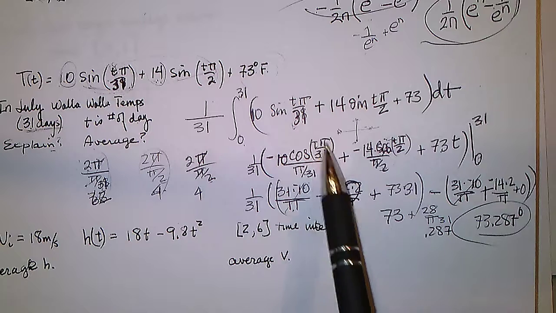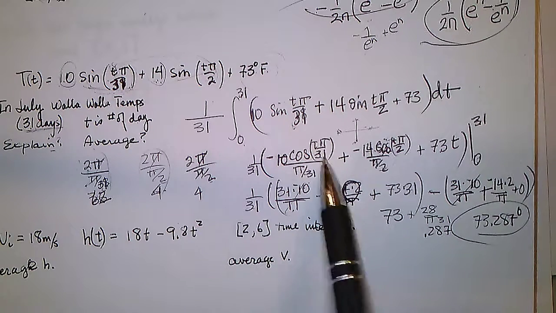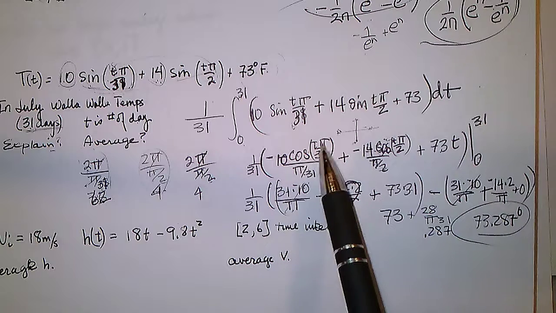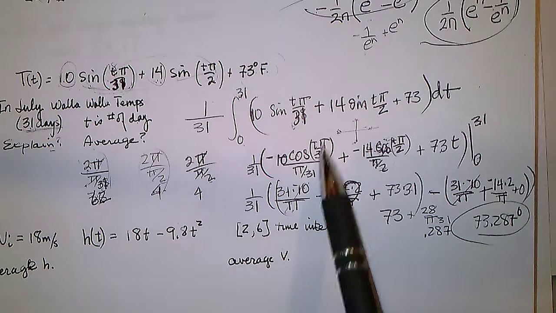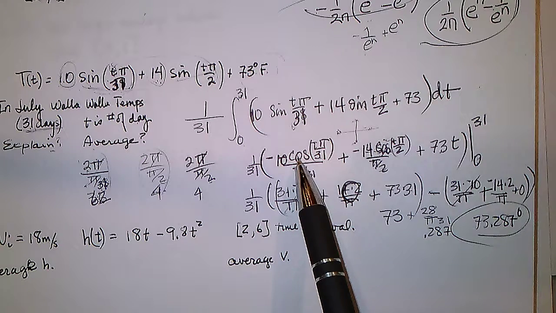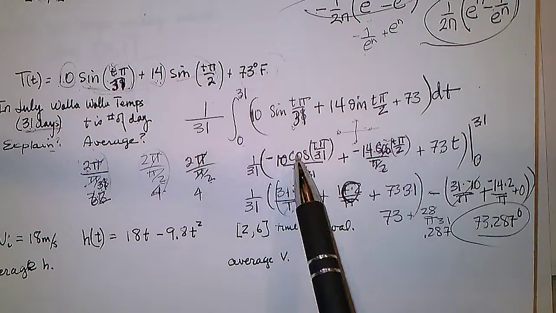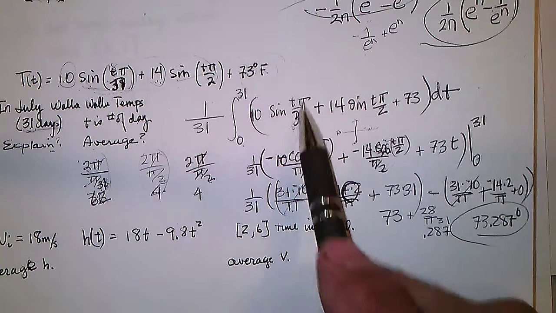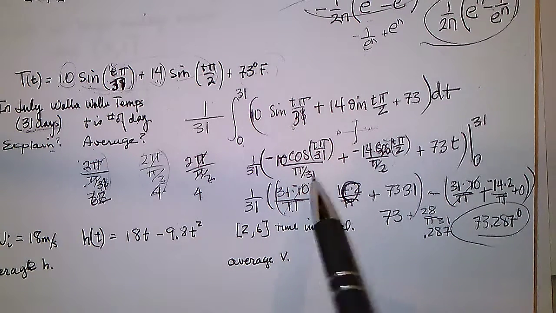Negative, this would be, we're 31 days, minus 10, this over that, because the integral of sine is negative cosine. We have the 10, and we have to divide by the constant pi over 31.